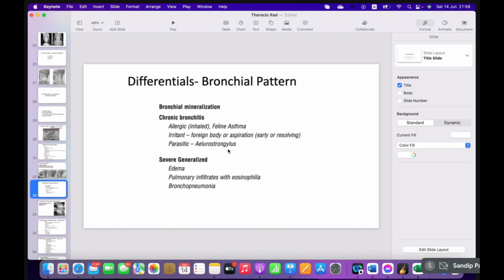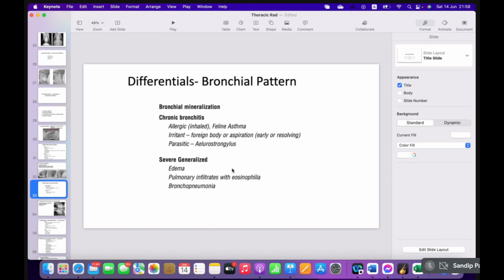This is in a chronic situation, and sometimes even edema we may see. But mostly this is really helpful in case of dogs. If there is kennel cough, this is very evident in dogs. And in cats, in case of feline asthma, this is very evident.